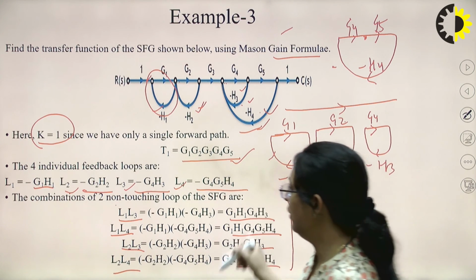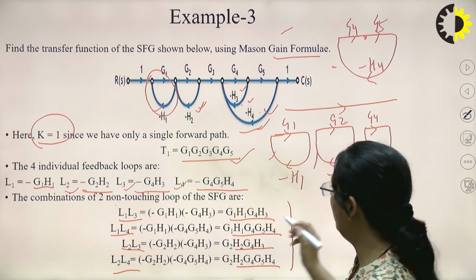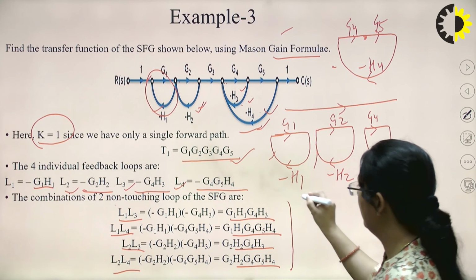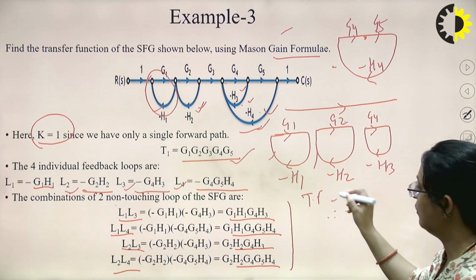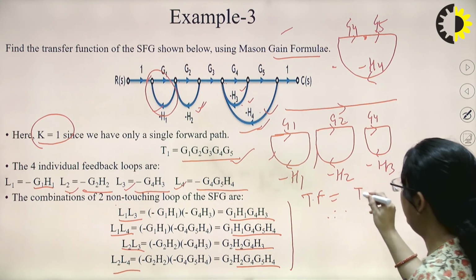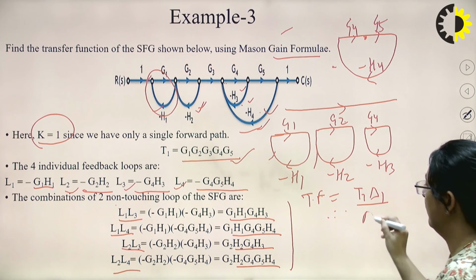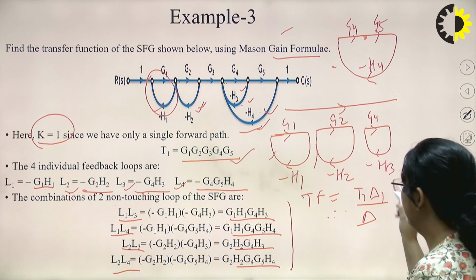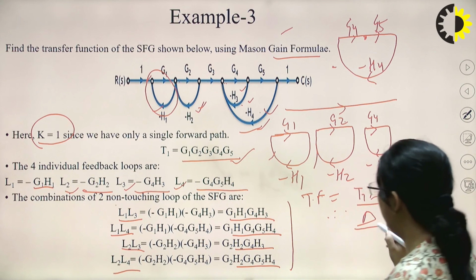Okay, so here the value of the transfer function will be only T1 into delta 1 upon delta, right? Now, let's first define the value of delta.